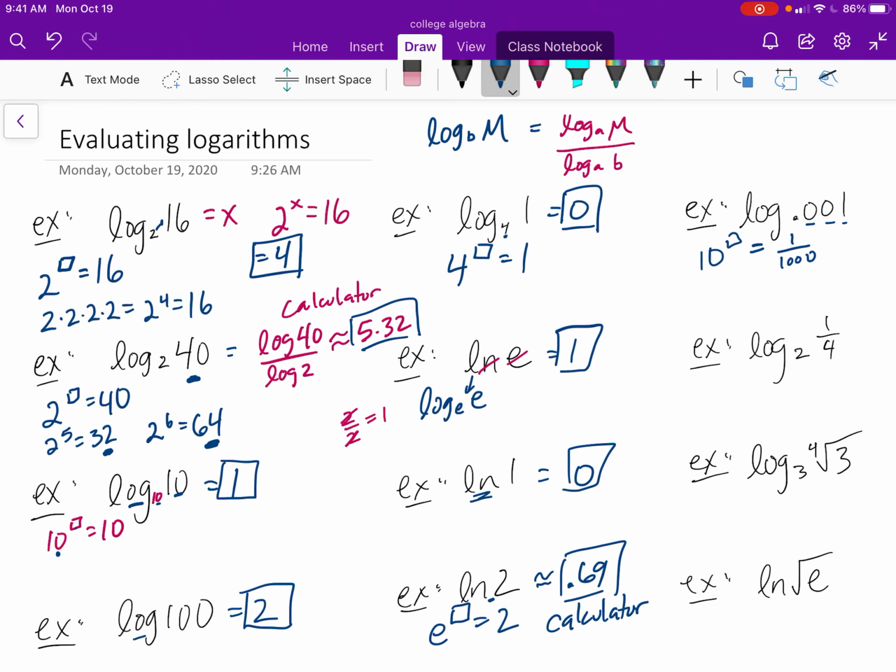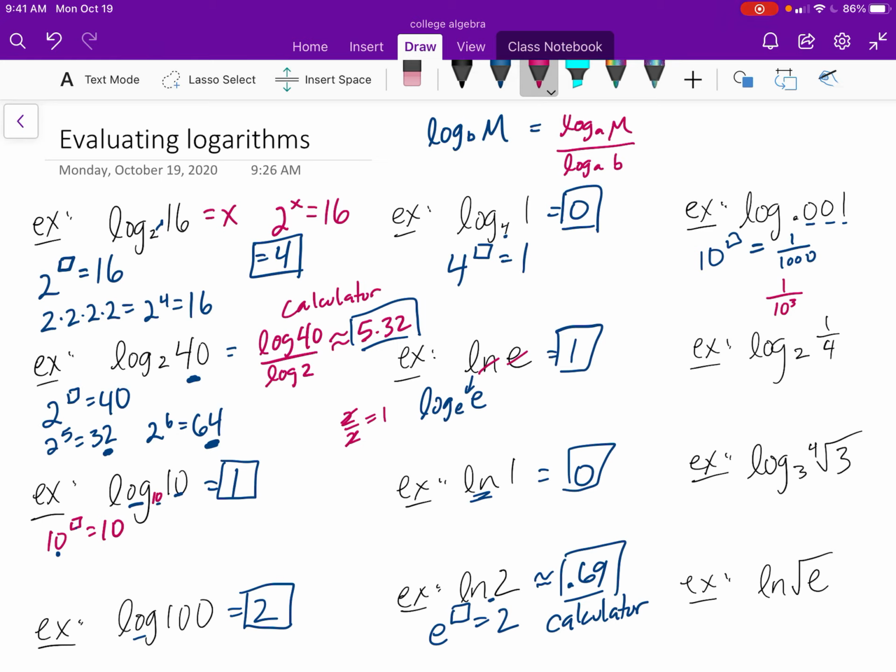So remember that negative exponents bring it to the denominator, right? You create the reciprocal. So on the right, I have 1 over 1,000. I could also think of that as 1 over 10 to the third, right? 1,000 is 10 times 10 times 10.